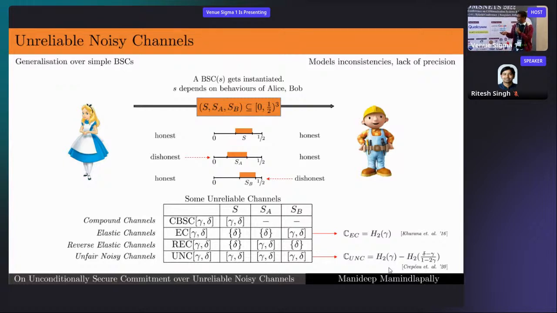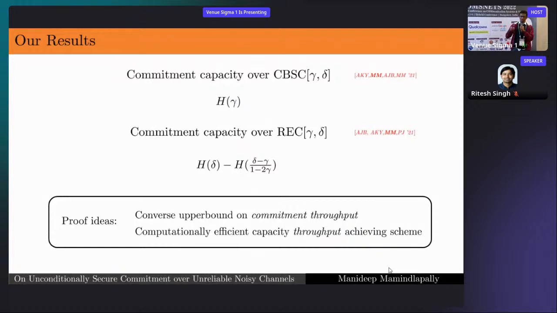And here we complete the picture by finding the commitment capacity of the remaining two channels, the compound channels as well as the reverse elastic channels. And these are the expressions. And we can note that the commitment capacity of the compound channel equals that of the elastic channel.